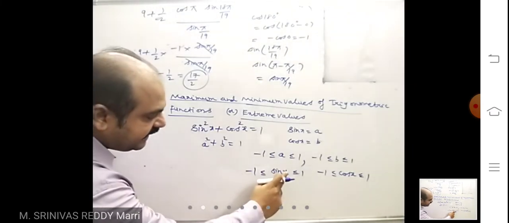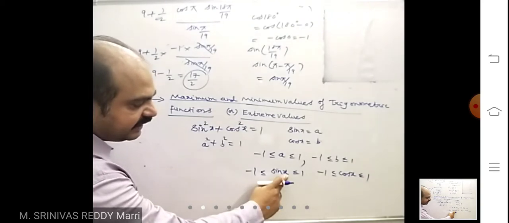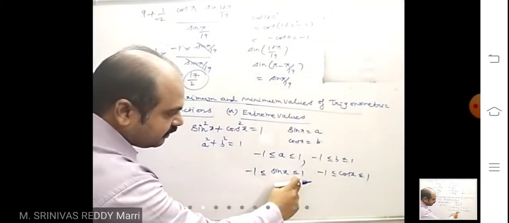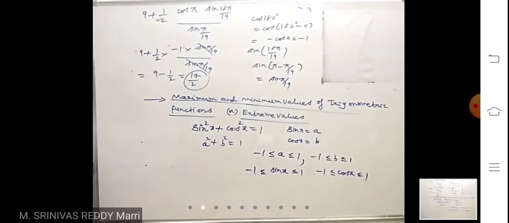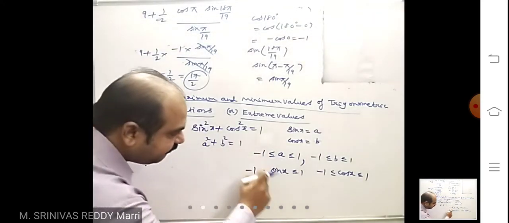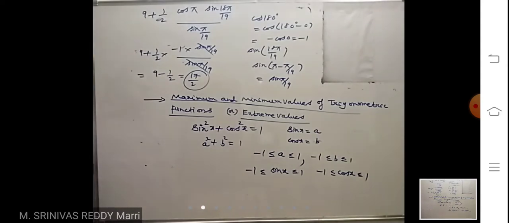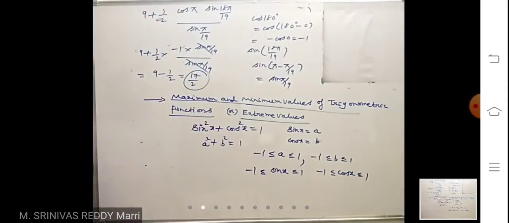If we substitute any angle here, suppose 30 degrees, what is that? 1 by 2, which lies between minus 1 and 1 only. 60 degrees, root 3 by 2, which lies between minus 1 and 1 only. X equal to pi by 2, what do you get? 1. Whatever may be the angle, sin x always lies between minus 1 and 1. Similarly, cos x lies between minus 1 and 1.